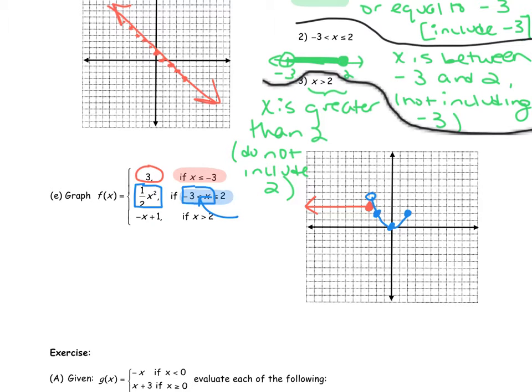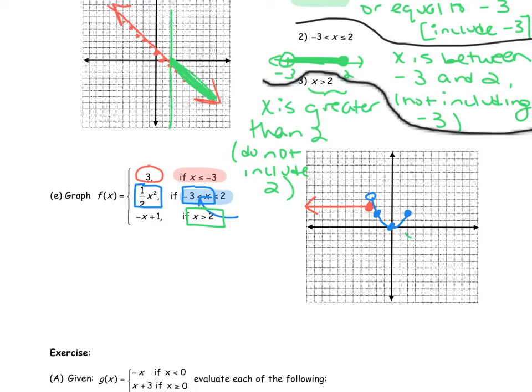Okay? And then the very last thing we need to do is graph when x is greater than 2. So I'm looking from this graph for all the values where x is bigger than 2. And that's these values here. It's the only thing I'm looking at. So here I have a point at 2, -1.